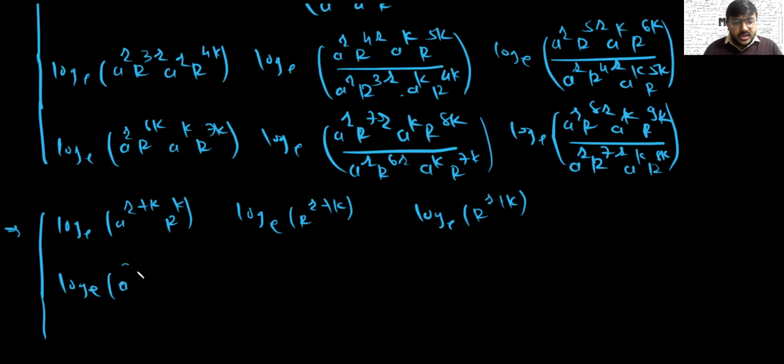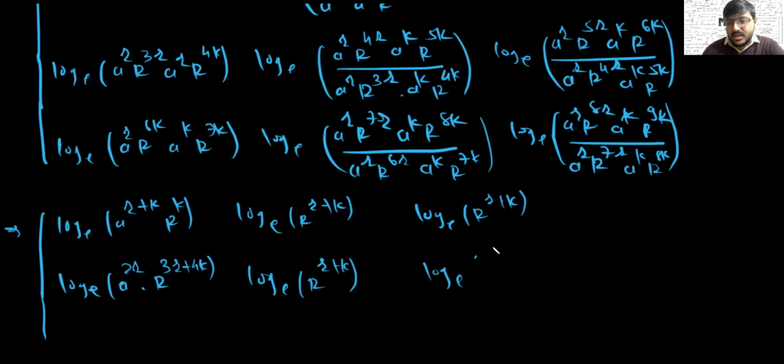Now just check: the second element will again be r, r cancel, k, k cancel. 4r minus 3r, that is r, and 5k minus 4k, so it will be k. Same way you will get the same thing over here.